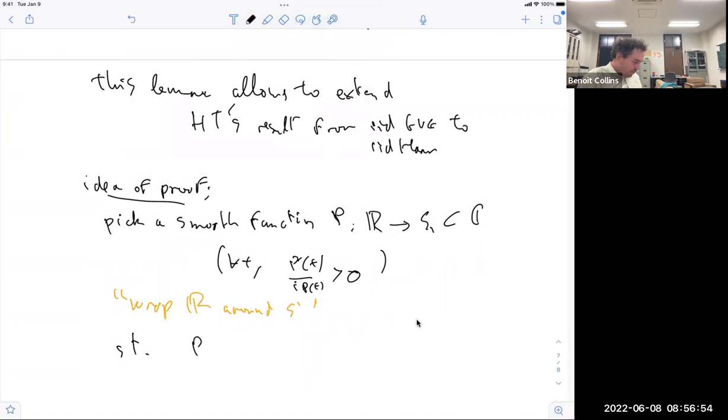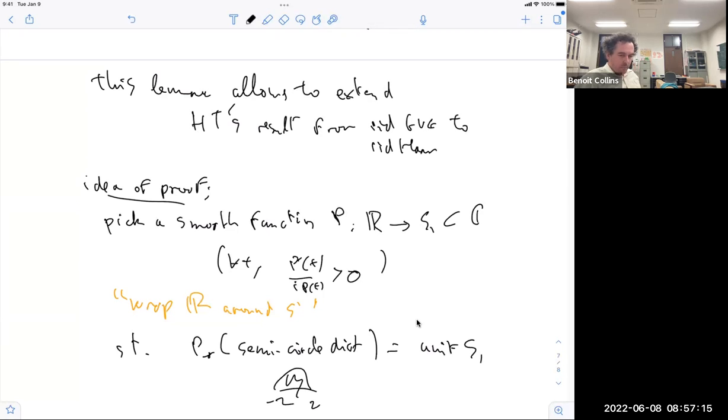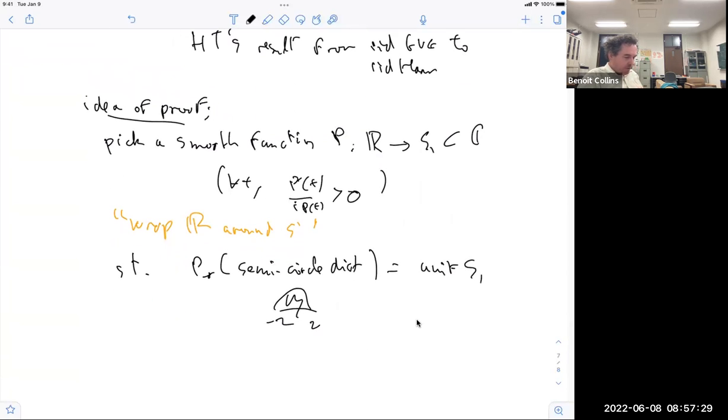the push forward under P of the semicircle distribution, just this distribution over -2 and 2, is actually the uniform measure on S1. So this is quite easy to do. I mean, you just take some cumulative functions with respect to the argument, take some inverse, and that can be done rather easily. And by the way, you are free to choose if you wrap once or twice or whatever. That doesn't matter either.